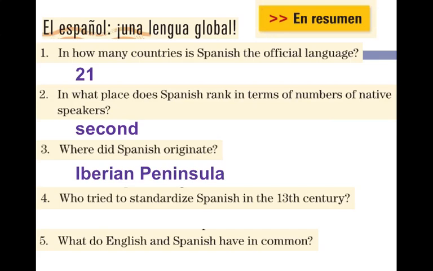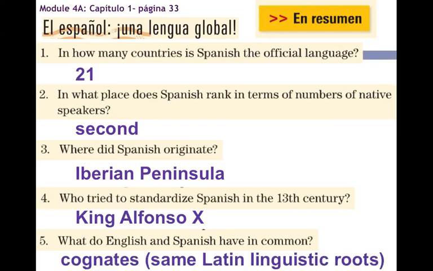The Iberian Peninsula. And who tried to standardize Spanish in the 13th century and the 1200s? King Alfonso X. What do English and Spanish have in common? Cognates that have the same Latin linguistic roots. So if you go on Jeopardy now, there you go. You're going to do great in that category.